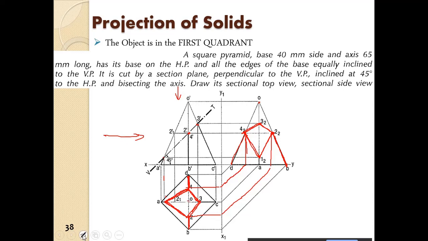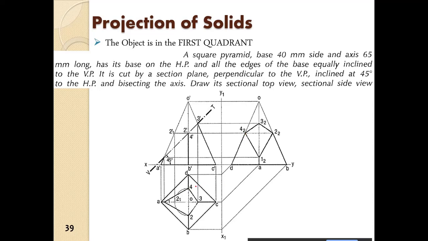So ultimately we get these two planes here, just similar to that of the cone. That part you have to be very careful with, so that you do not make a mistake.